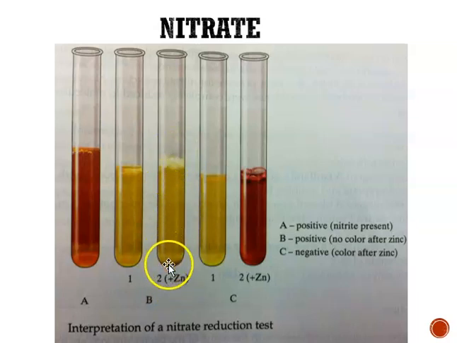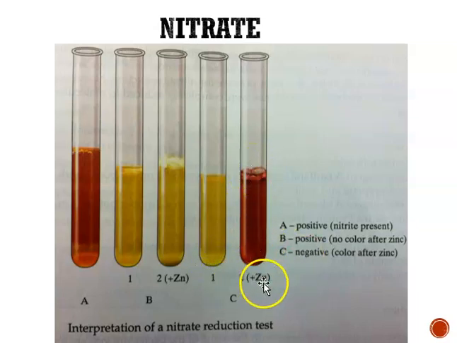So our result after the addition of the zinc dust is no color, which is considered a positive, because that means that the bacteria had already reduced the nitrate to nitrite. There was nothing left for the zinc dust to reduce. But in C, same situation as in B here, we've got no color change, but we don't know if that's due to further reduction to nitrogen gas, or if it did not reduce.